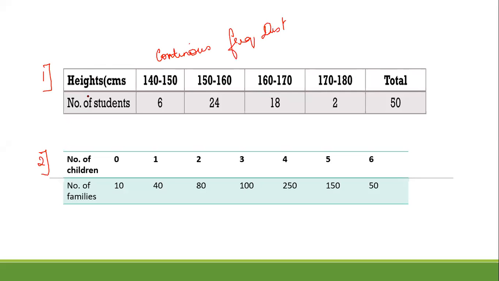Whereas if you get just numbers without any class interval, this is discrete frequency distribution. So did you all understand the difference?